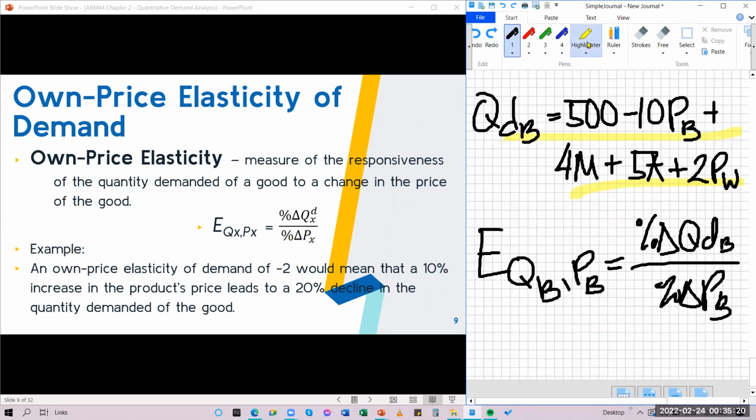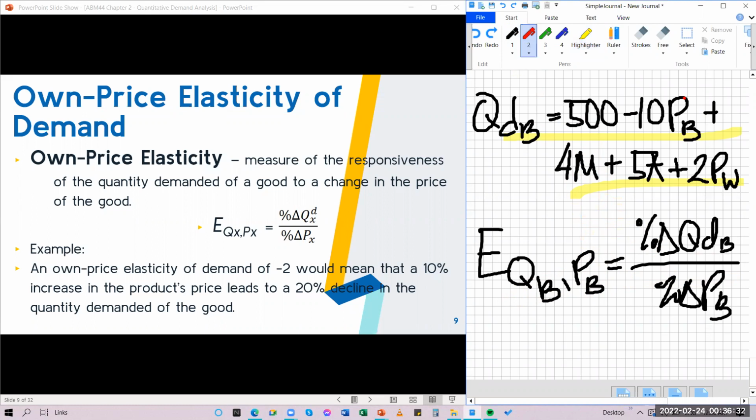So this would be the formula that we will be using. So let's continue. So this would again be the formula for elasticity. So let's look again for the own price elasticity of this demand.